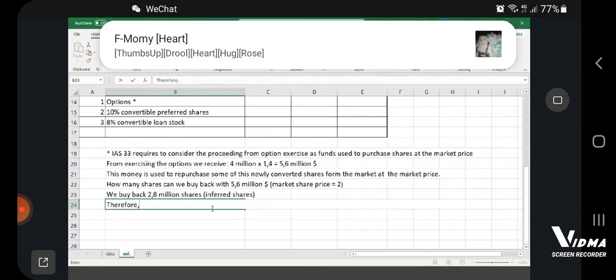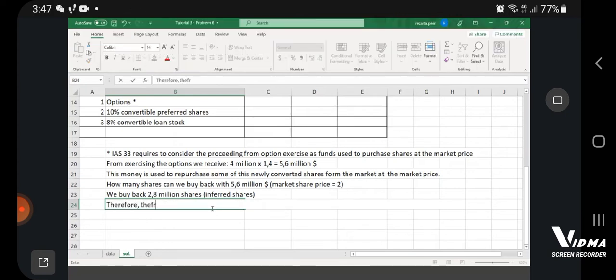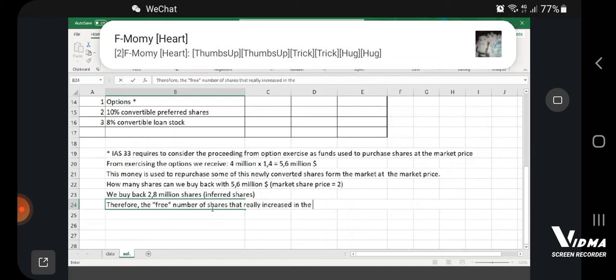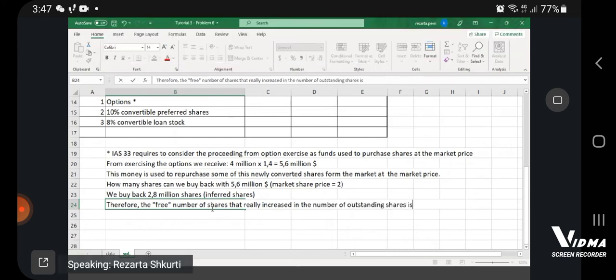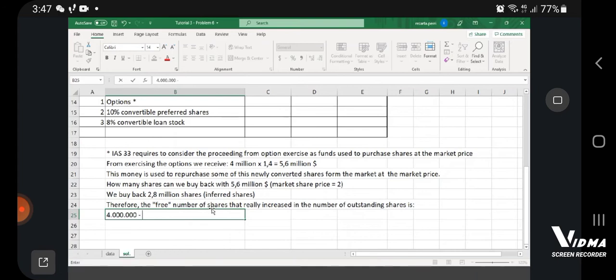Therefore, we can say that the free number of shares, the real increase in the number of outstanding shares, is equal to the 4 million issued from the option exercising less 2.8 million, which is 1,200,000 new shares.